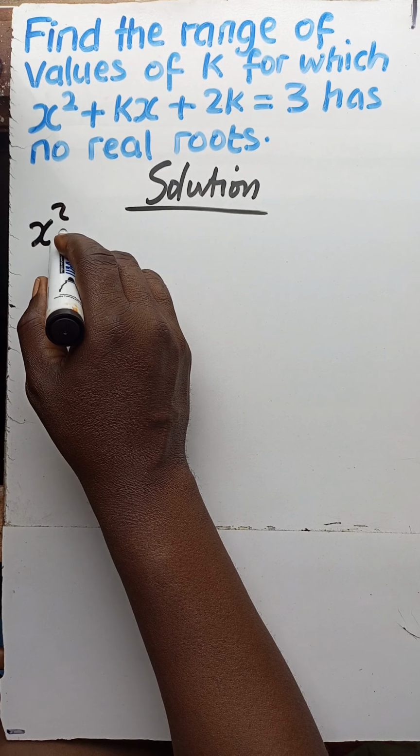How do we check? All we need to do is to take values from each zone and place them in this expression, and take note of the final sign. A value to the left of 2 could be 1 or 0. Any value before 2, for example, 1.